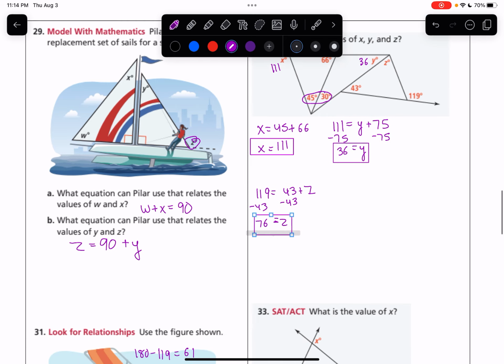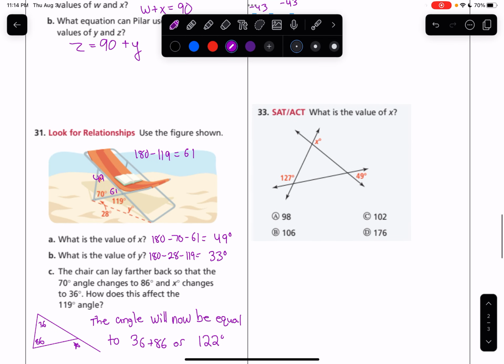Okay. So then down here, last one, what is the value of x? So in order to find this, we should be able to find the interior angles real quick, right? I know 127 plus this angle right here is 180. So I can do 180 minus 127, and I can find that this angle is 53 degrees. I can do similar things but different over here because I know these vertical angles are going to be the same.